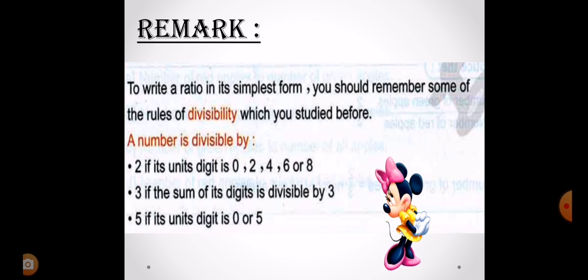When the number's unit digit is even, I can divide it by 2. The second one, 3: if I want to divide by 3, the sum of the digits must be divisible by 3. Number 5: if its unit digit is 0 or 5, I can divide it by 5. Excellent students.